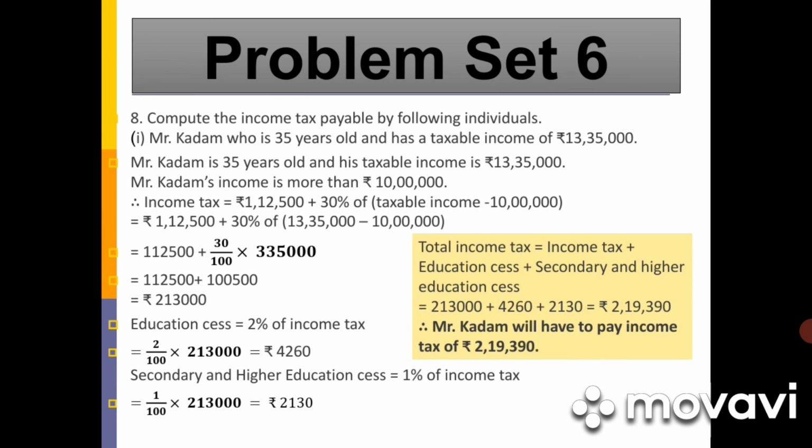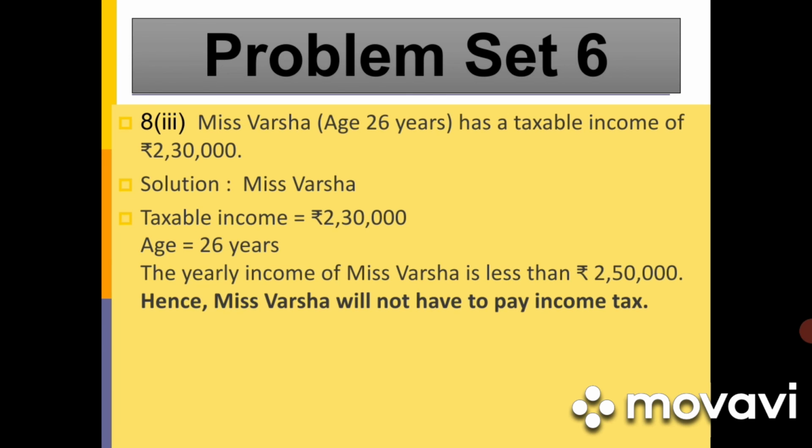Total income tax is equal to income tax plus education cess plus secondary and higher education cess. This is equal to 2,13,000 plus 4,260 plus 2,130. This is equal to rupees 2,19,390. Therefore, Mr. Kadam will have to pay income tax of rupees 2,19,390.